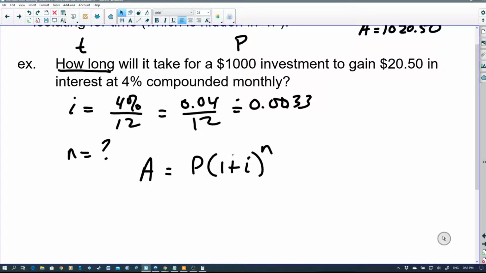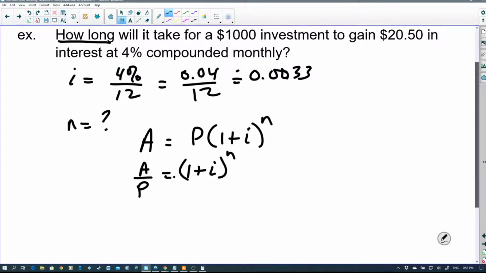So normally I would tell my students to not substitute values in until you're ready to isolate the variable. We can do that a little bit here. So if we're trying to isolate n, we're going to do A divided by P equals 1 plus i to the n.